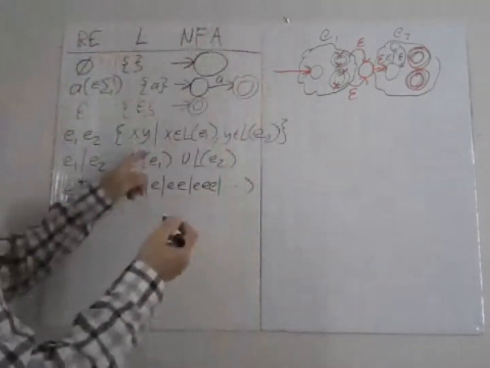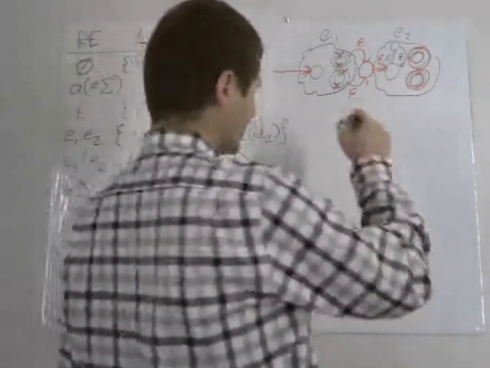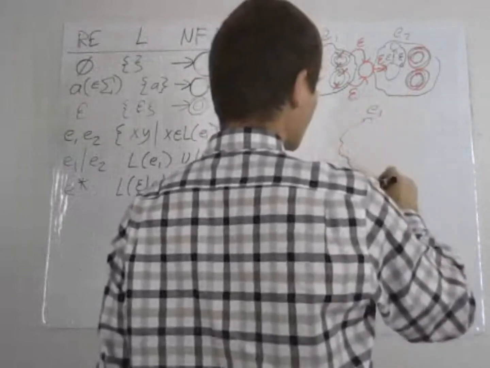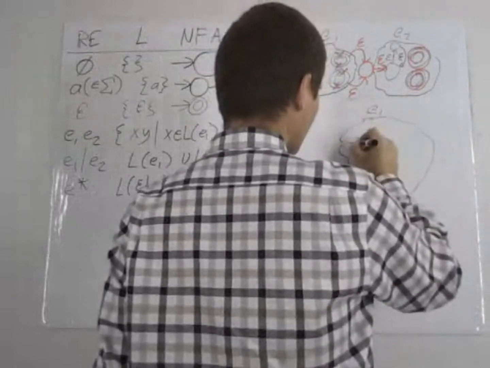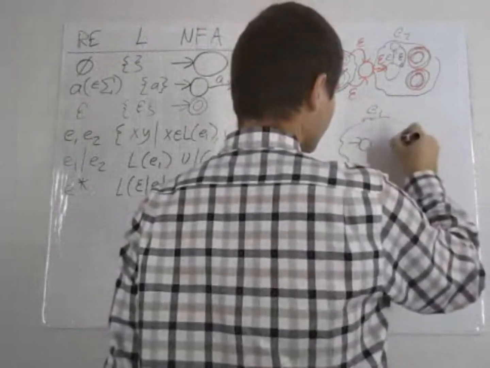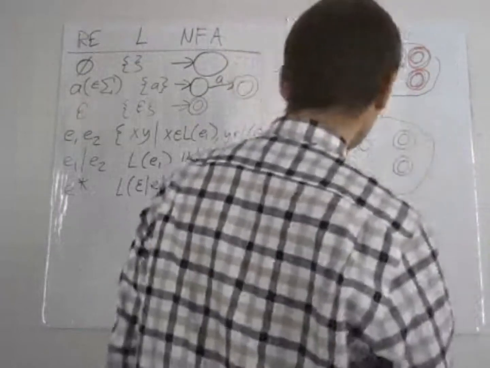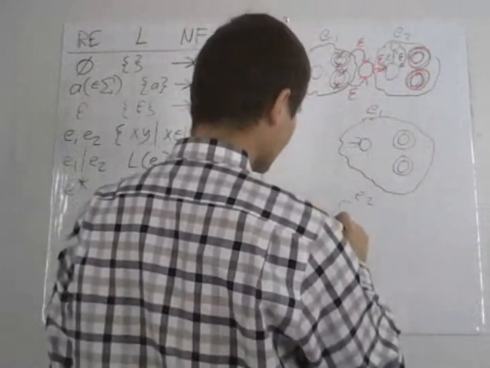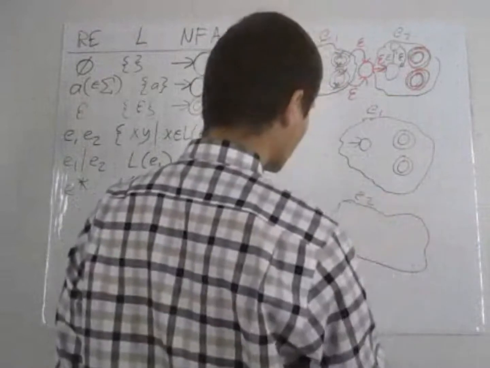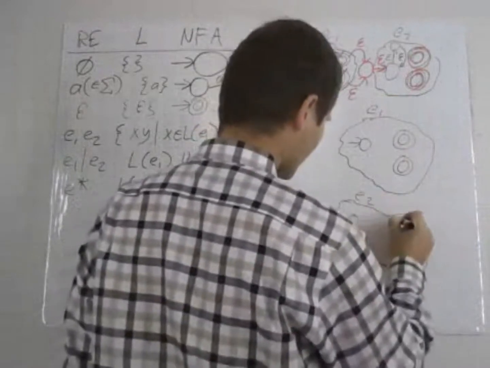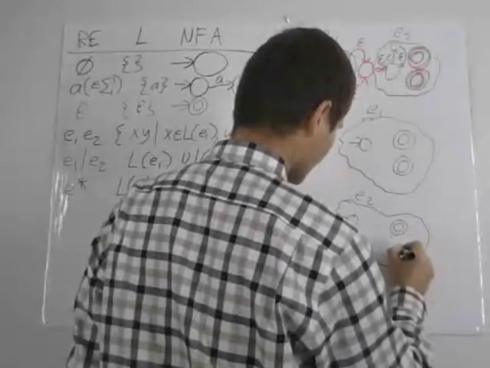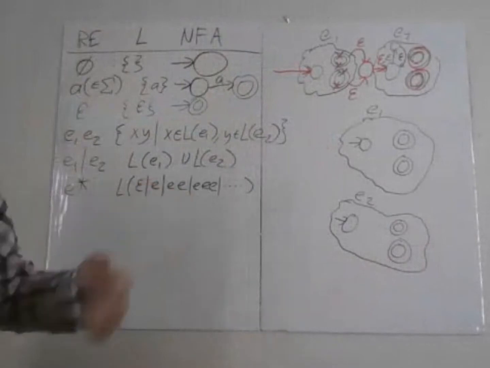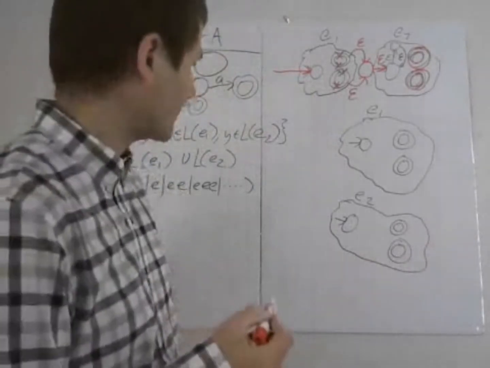Okay. So for the OR, again, I'm going to recurse, and I'm going to ask for an NFA for E1, and an NFA for E2. Then the question is, how do we combine them?